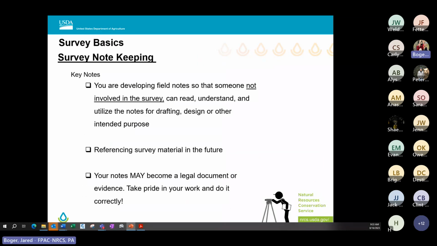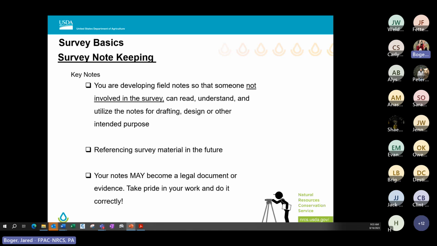Okay, almost done here, guys. Survey note keeping. You're developing notes that someone not involved in the survey can read and understand later on. I've run into situations where I can't understand somebody else's work, but I need to reference that design to make sure it's getting built correctly.